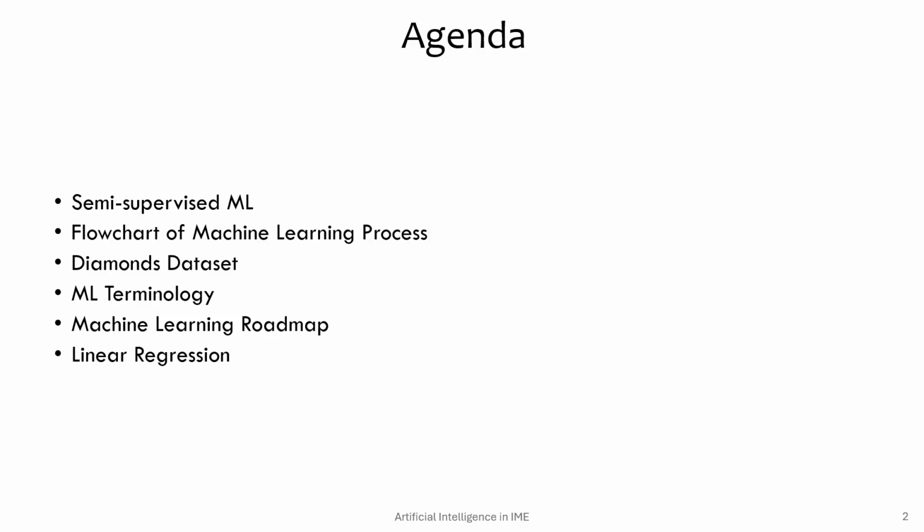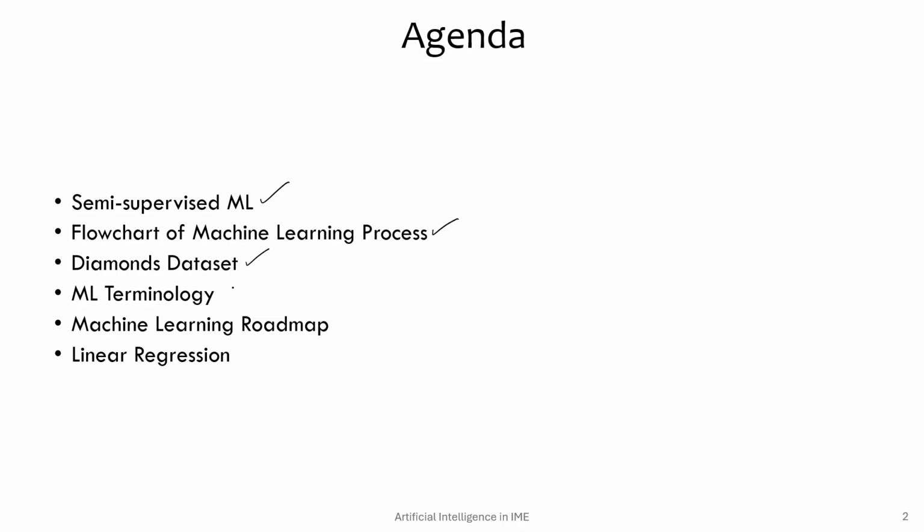So, the agenda for today is first we will try to complete supervised machine learning. Then we will discuss the complete process of conducting a machine learning project step by step. After that, we will introduce a diamonds dataset, which is a classical example for conducting a machine learning project.